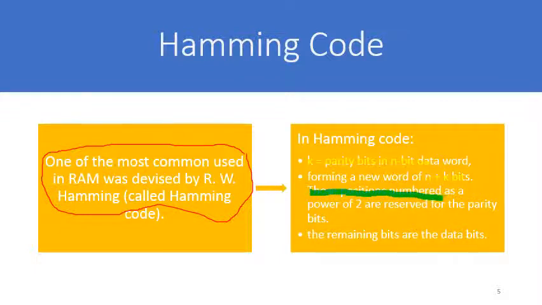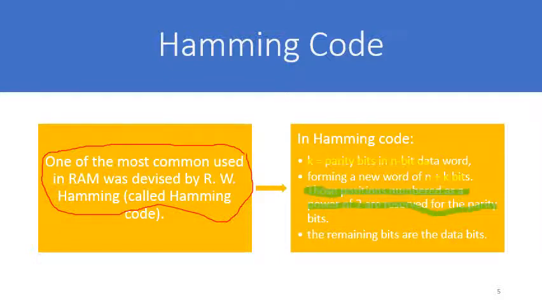Positions numbered as a power of 2 are reserved for the parity bits.